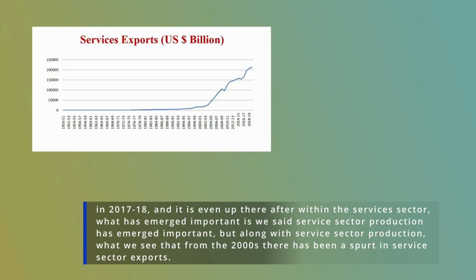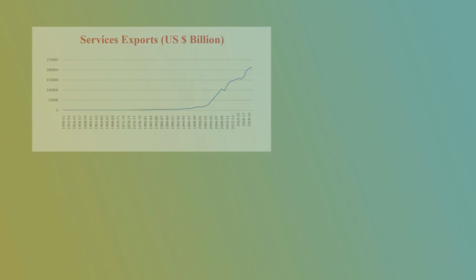Within the services sector, we said service sector production has emerged important, but along with it, from the 2000s there has been a spurt in service sector exports. Service sector exports were low till 1990-91 when they started emerging, but still the growth rates were not very high.